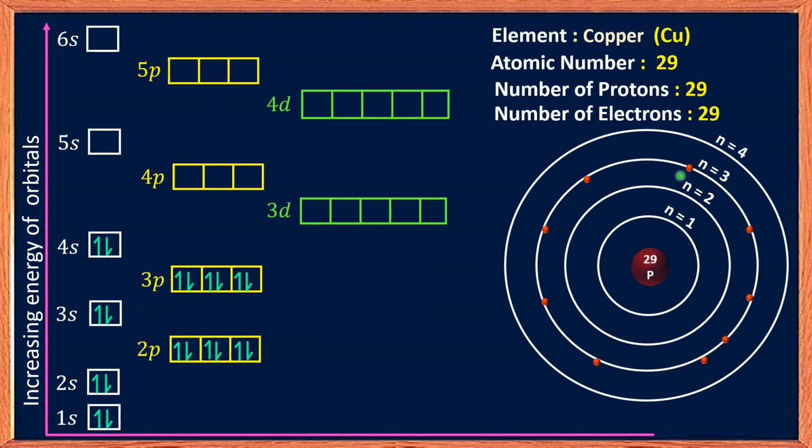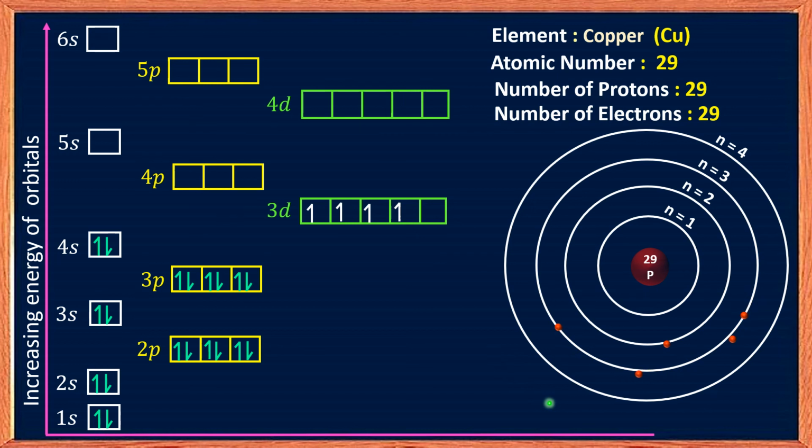Still how many electrons are there? Check. There are 1, 2, 3, 4, 5, 6, 7, 8, 9 electrons still. So 21st electron enters into 3d orbital.